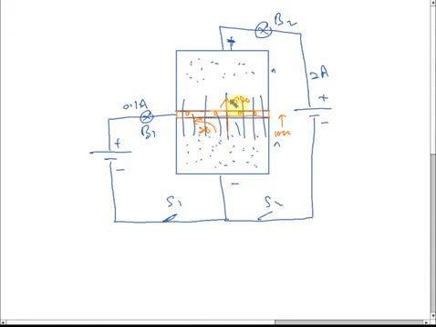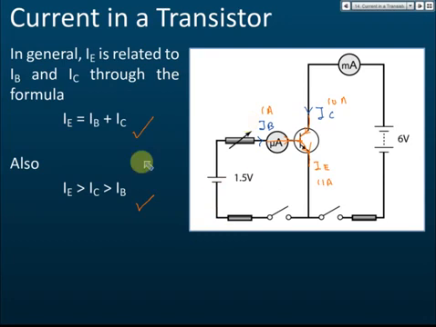They just pass through the base and go to the collector, and therefore the current in the collector will be much higher compared to the current in the base. So IC is greater than IB. So that's the relationship: IE equals IB plus IC, IE is greater than IC, and IC is greater than IB.